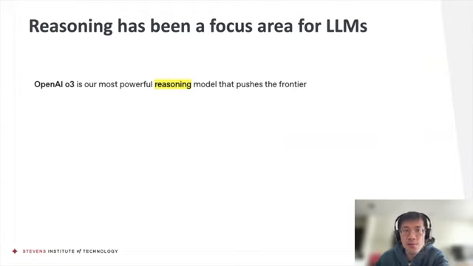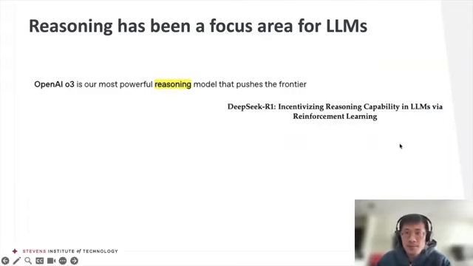So in O3, the first sentence says O3 is our most powerful reasoning model that pushes the frontier. In R1, reasoning is in the title of the announcement, and also in the name of the model, and R stands for reasoning.